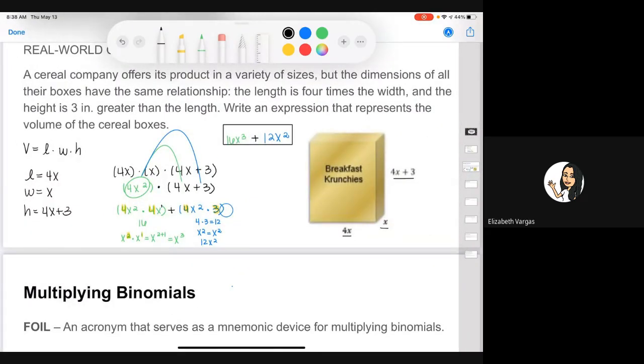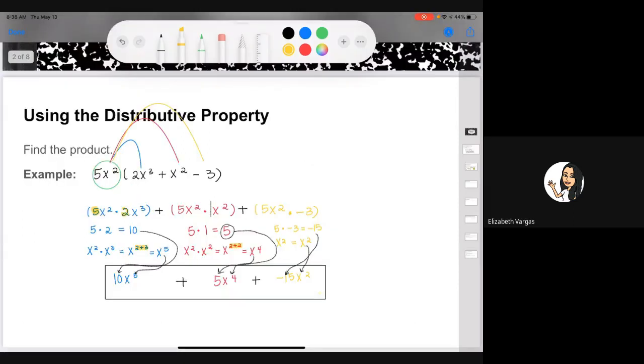So basically, I've used the distributive property to take my original equation, this equation right here, and I've simplified it into this equation right here, which is much easier to work with. So when using the distributive property, basically what you're doing is you're taking a part of the equation and you're distributing it into each of the different parts of your other equation.